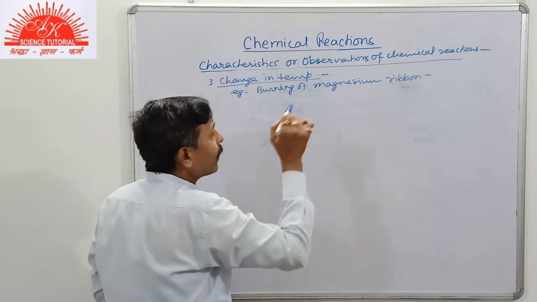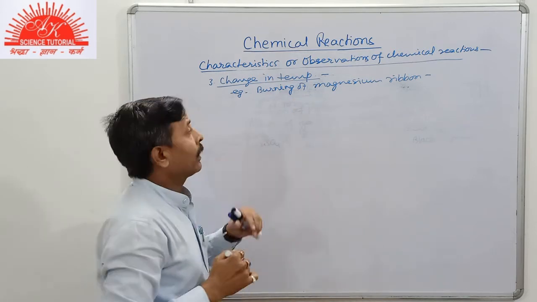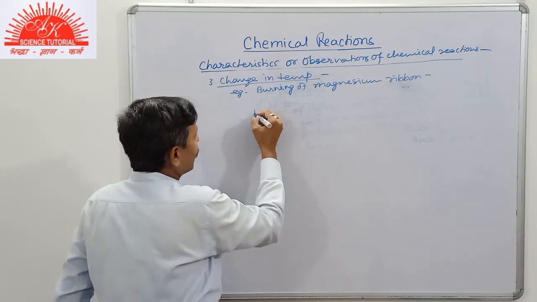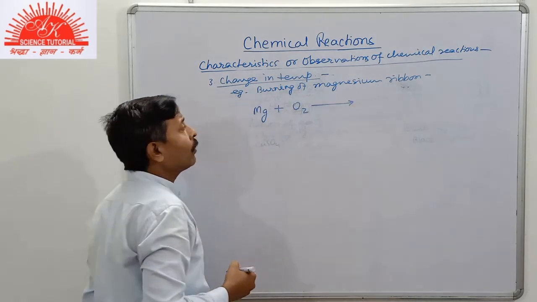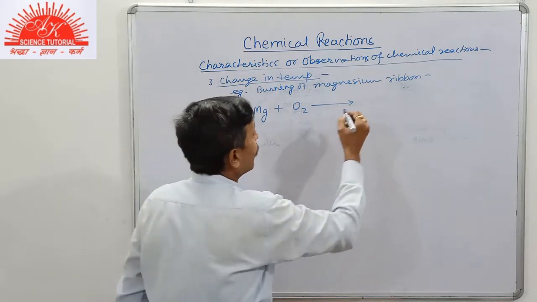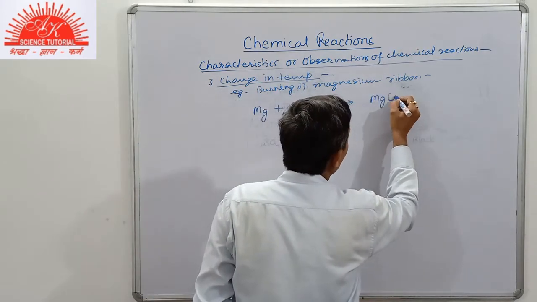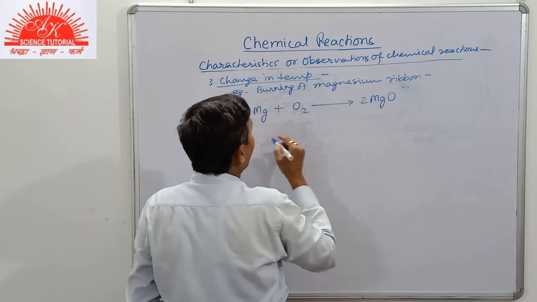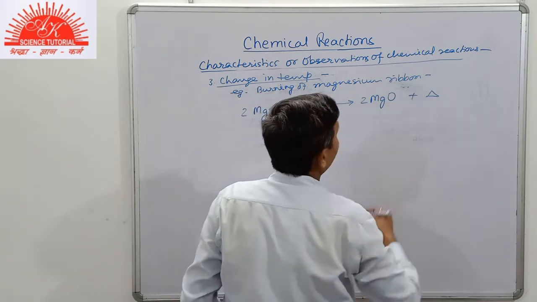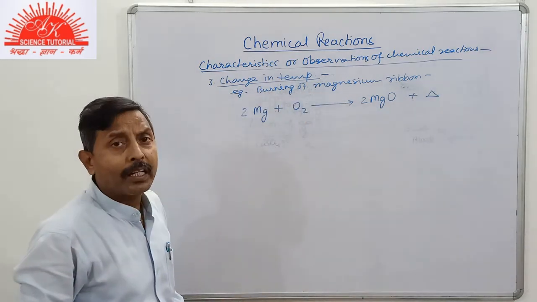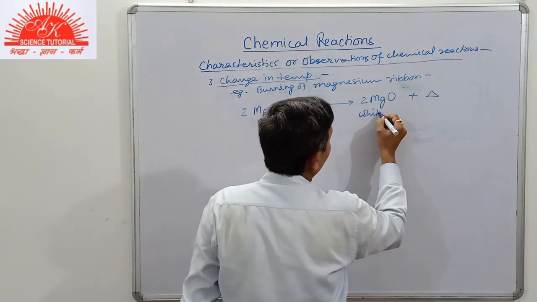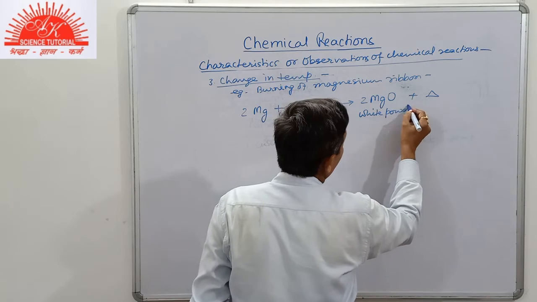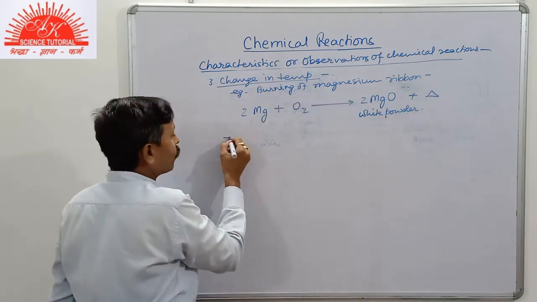Now over the flame of a burner, we see that magnesium starts to burn with a dazzling white flame and it forms white powder. A highly exothermic reaction takes place, that is, there is a very high rise in temperature. Now this is white powder. So what do we write here?